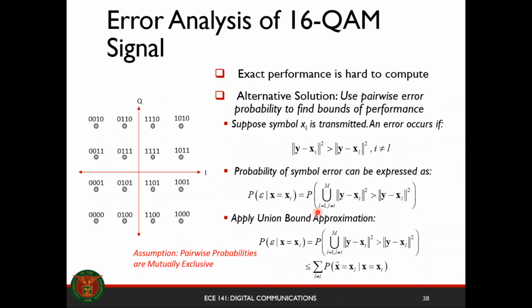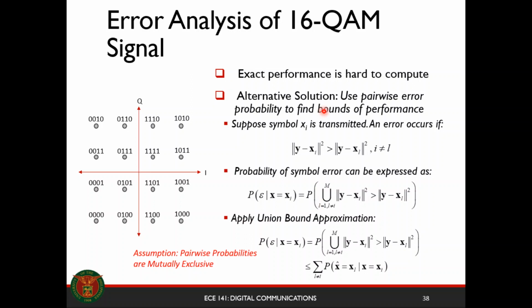So now let's look at a larger constellation. Let's look at your 16 QAM. The exact performance of such a large constellation is actually hard to compute. But an alternative solution is to use your pairwise error probability to find the bounds of performance.